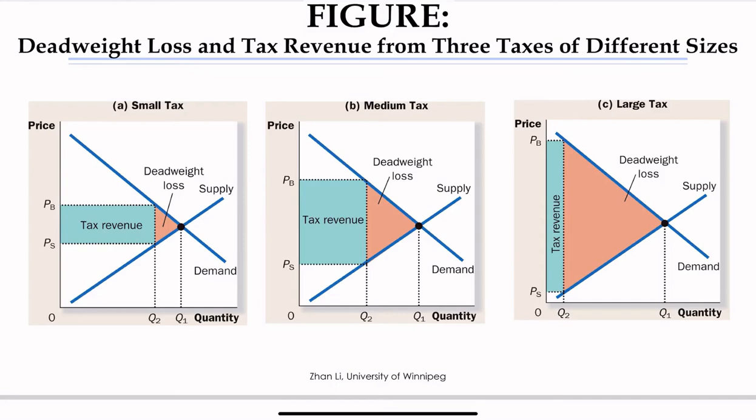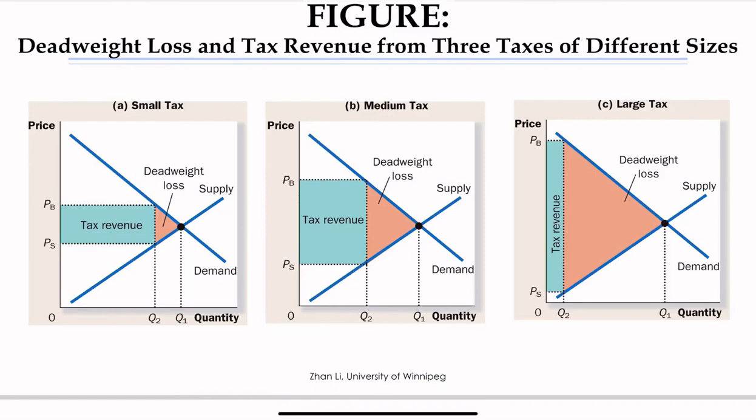And we continue to move to the right. Now we're looking at graph C. Here, tax is even larger. And deadweight loss is also even larger, right? What's this result here? Well, it basically says as you increase the size of the tax, deadweight loss should be larger.